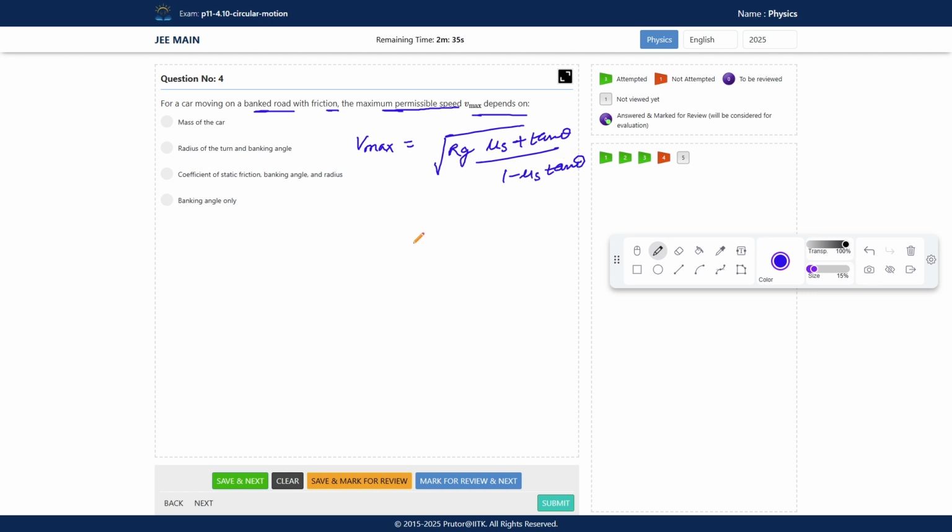So here mu s, theta and r are the three terms. It depends on all three factors. So which one is correct?